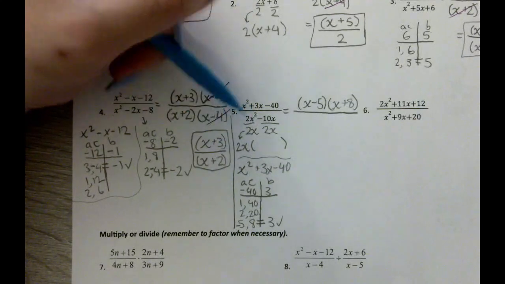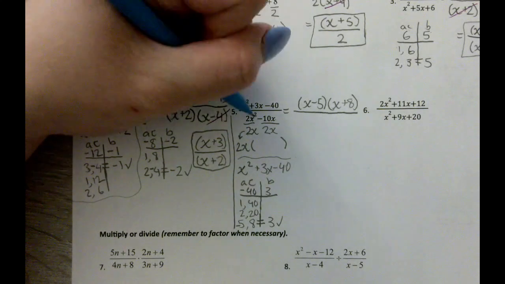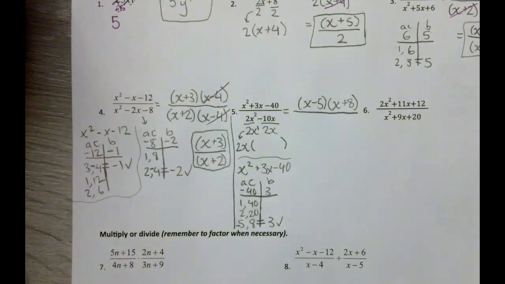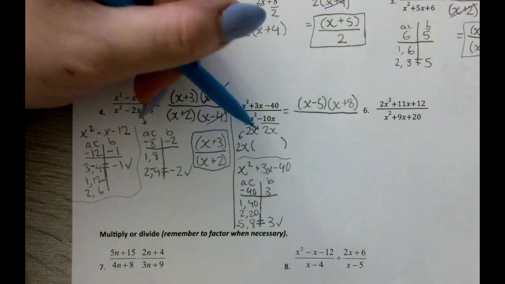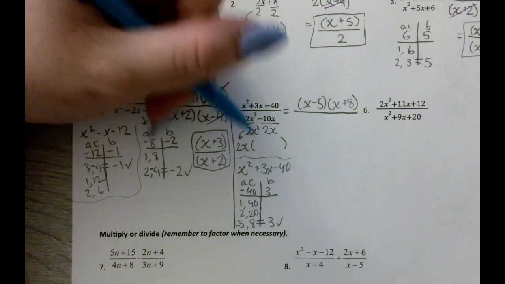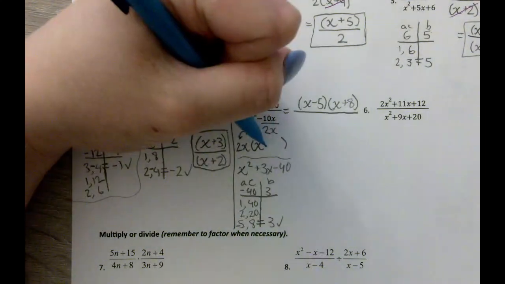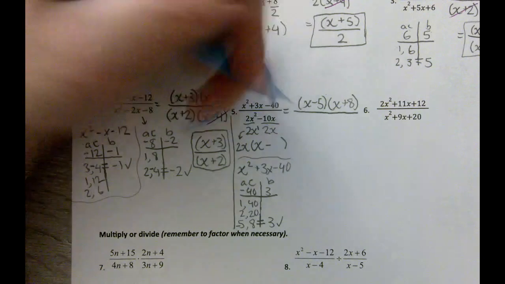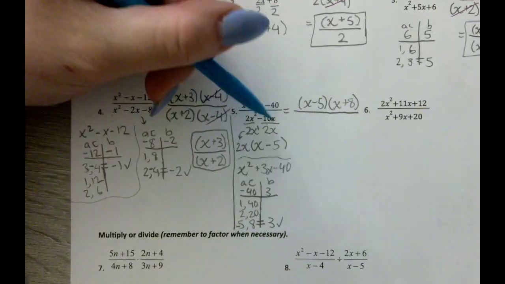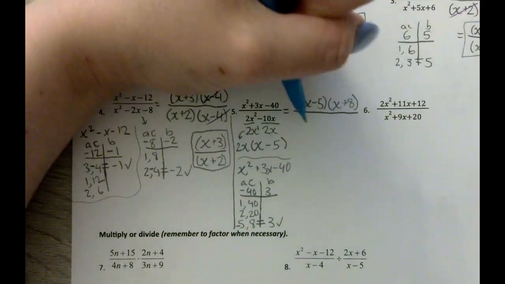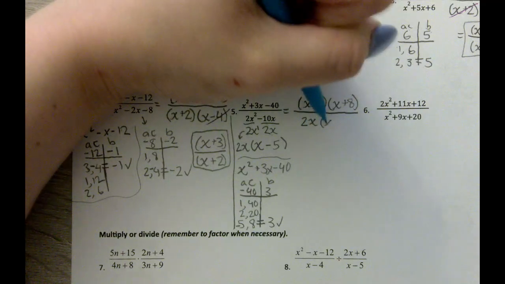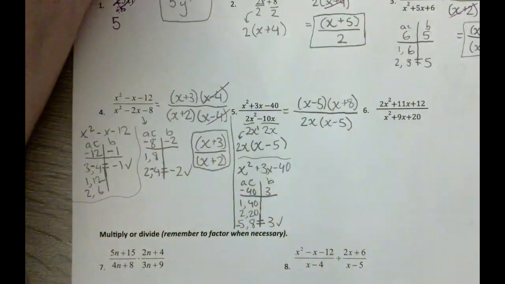All right, let's cancel a little bit. The 2's are going to cancel. X squared on the bottom, just x squared on the top, only 1 on the bottom. So when I subtract the exponents, I'll just have an x left over. Minus 10 divided by 2 is 5. And then these x's will cancel. So 2x times x minus 5.